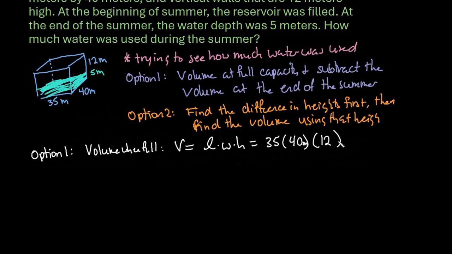Remember that all of these are in meters, so my final answer is going to be in cubic meters. So I plug into my calculator 35 times 40 times 12, which gives me a total of 16,800 cubic meters.